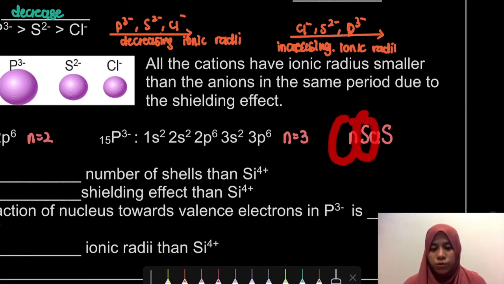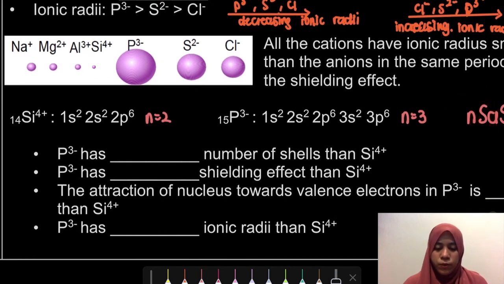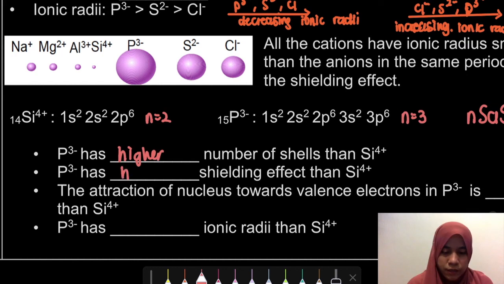So between these two, what we will be discussing is that P3- actually has a higher number of shells compared to Si4+. Hence, our phosphorus ion has a higher shielding effect than the silicon ion.